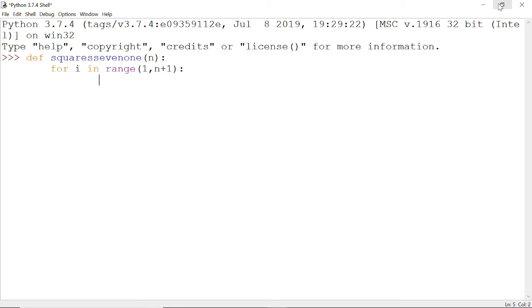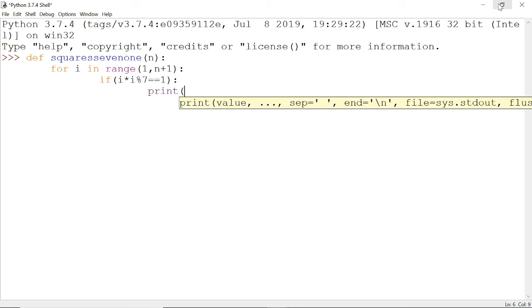And then I want to know if it is a square number which is one more than a multiple of 7. So, if i times i, when I divide by 7, is equal to 1, then I want it to print i times i.